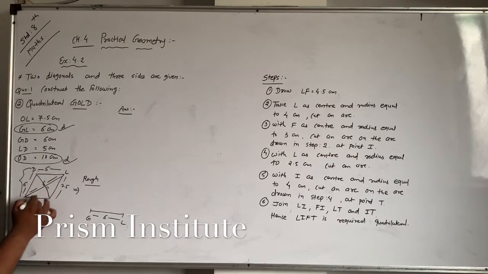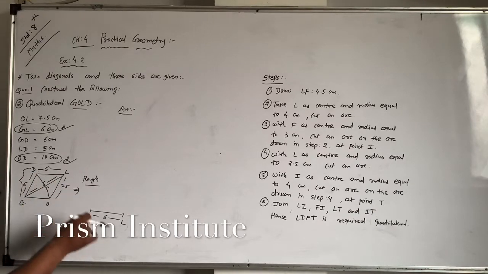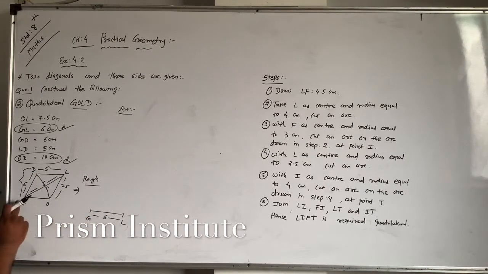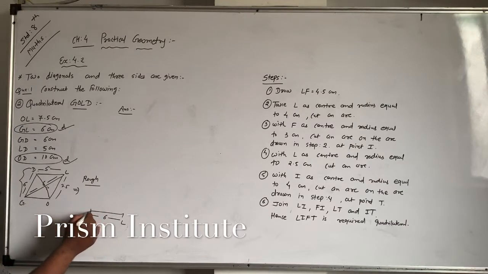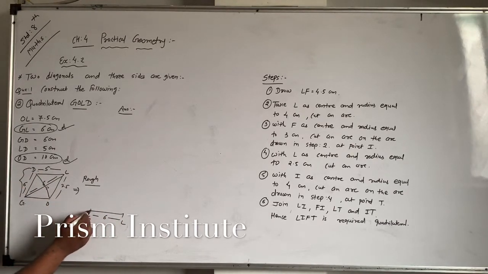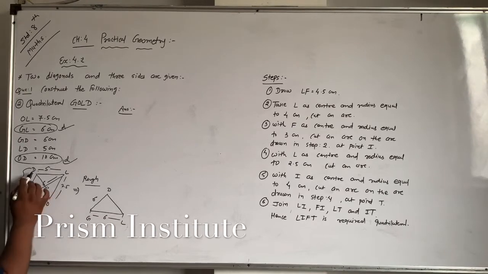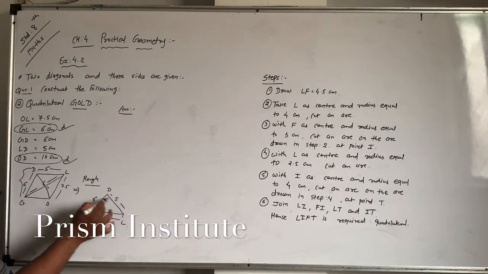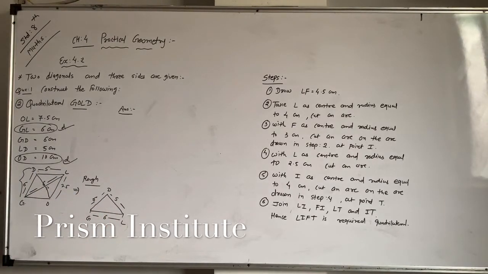Okay, so all sides are given. So first of all, draw the triangle GLD. So here GL is 6. Now GD is also 6, and LD is 5. So that is one triangle.